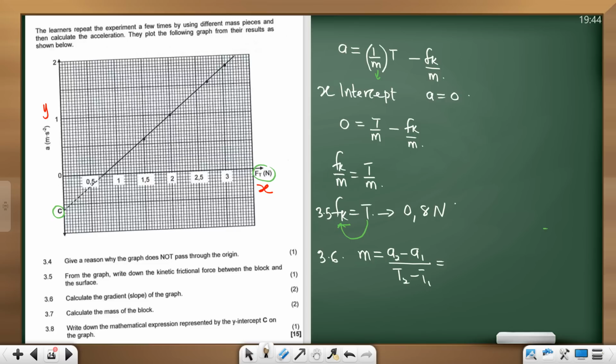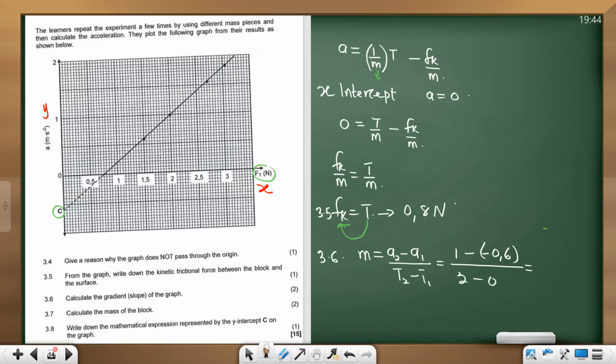What did you use? 1 minus negative 0,6 over 2 minus what? 0, I think. What's your answer? I thought you were done. 4 over 5, which gives me 0,8.